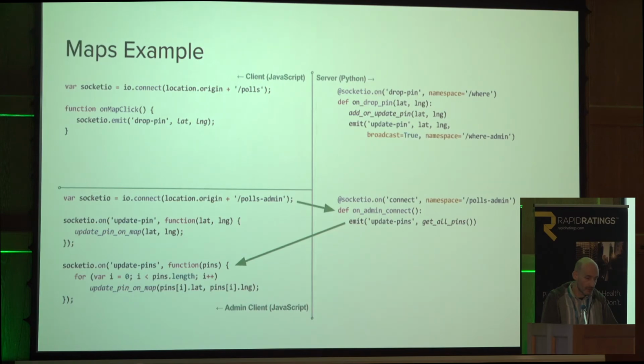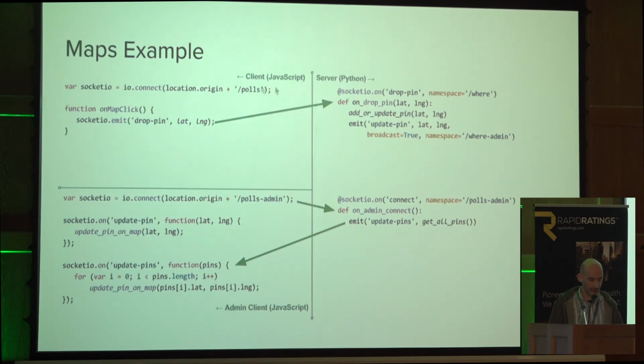So the way that works is when you drop your pin, the handler on the server, which is associated with the, I'm sorry, I have a bug here. On the right side, these two are a copy-paste error. This should be where and where admin. And this is wrong too. Look at that.